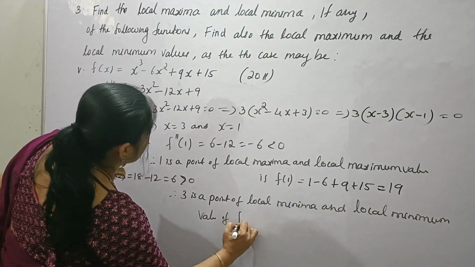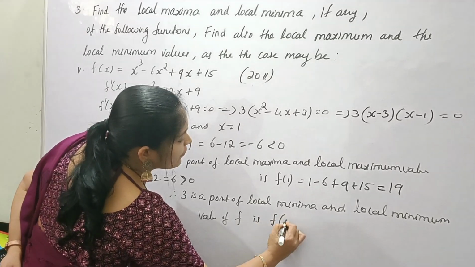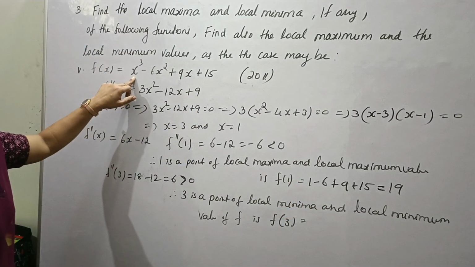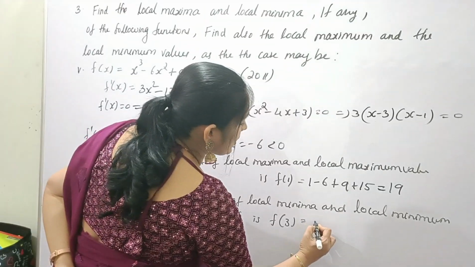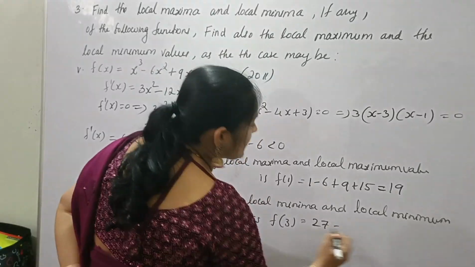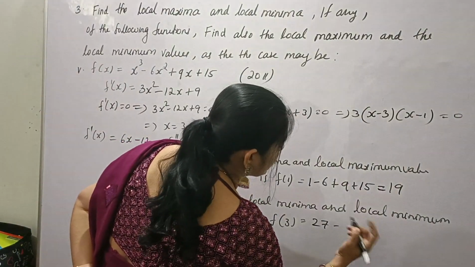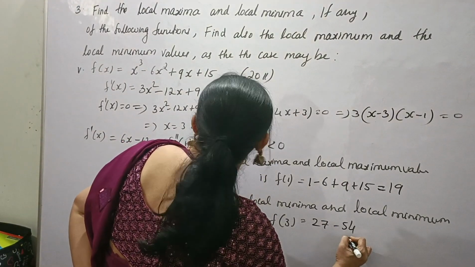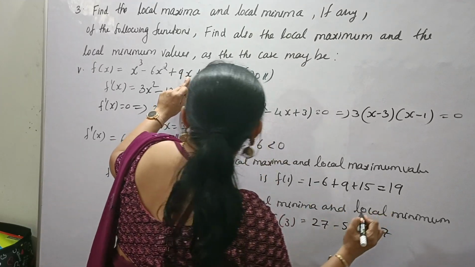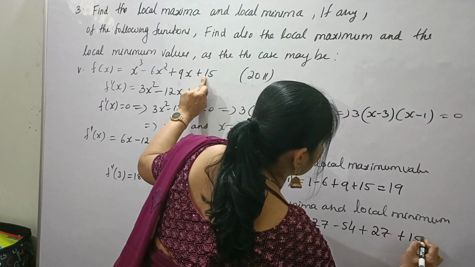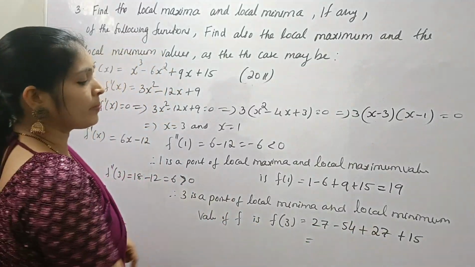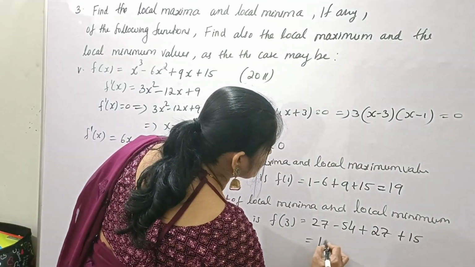of f is f of 3, that is equal to, substitute x is equal to 3, 3 cube 27 minus 6 into 3 square, that is minus 6 into 9, that is 54, plus 27 plus 15, okay, that is equal to 27 plus 27, 54, minus 54 cancelled, then the answer is 15.